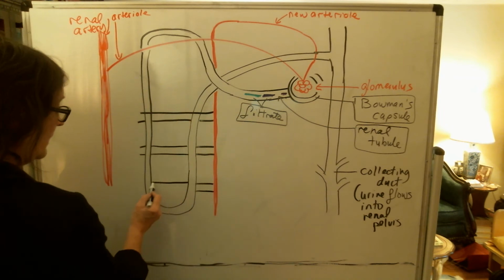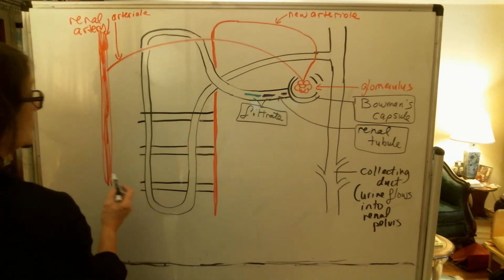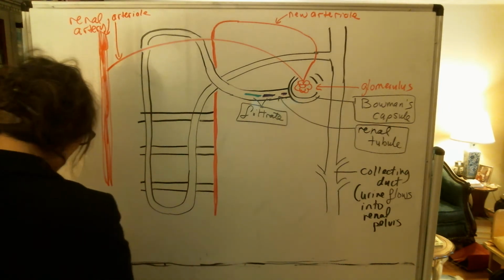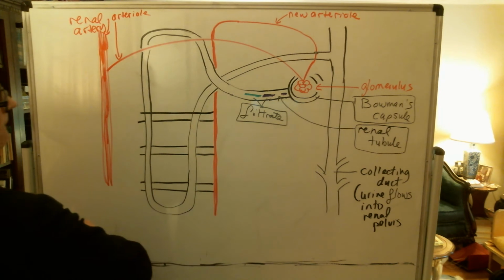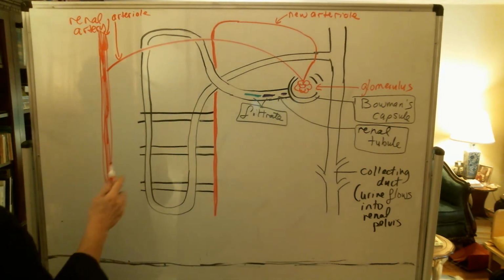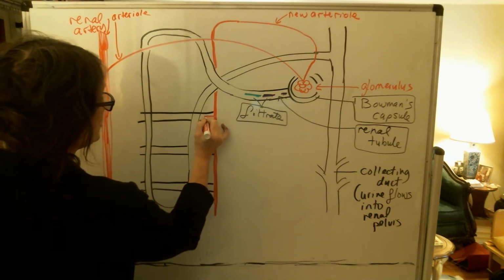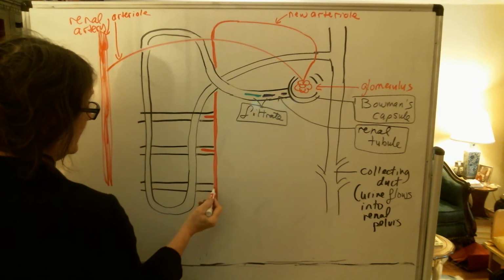Here we have some capillaries, which are, of course, smaller than the arteriole in real life. But here's what's going on. The blood in these capillaries is, of course, oxygen-rich, going in, which I am symbolizing with red.